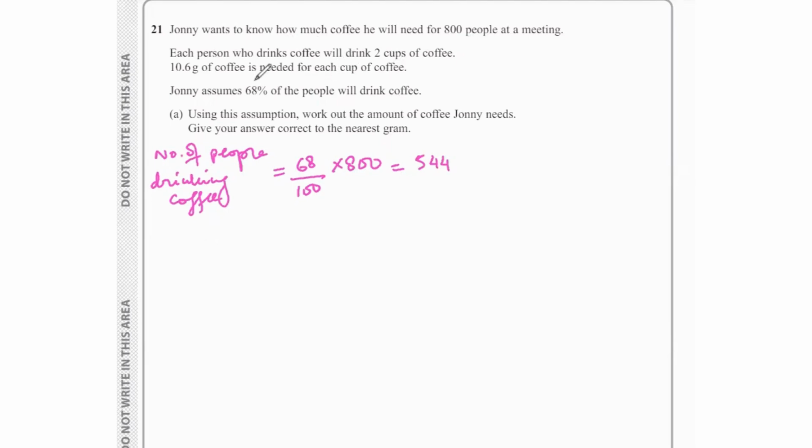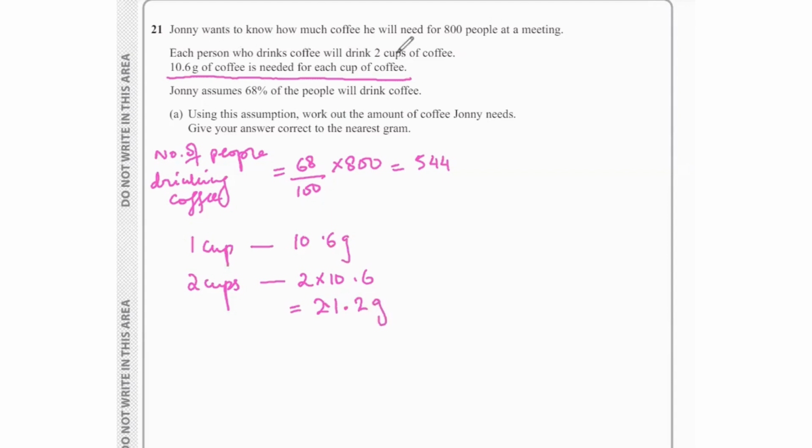And 1 cup of coffee has 10.6 grams of coffee. So if 1 cup has 10.6 grams, 2 cups will have 2 times 10.6, which will give us 21.2 grams.